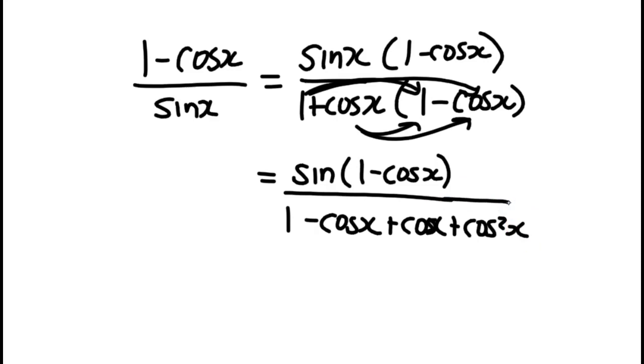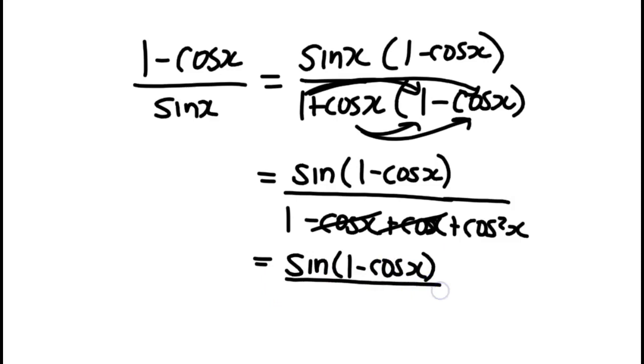Okay, so a minus cos x and a plus cos x can cross off, and we would end up with nothing. We didn't do anything in the top, so same. And then we have 1 minus cos squared x.